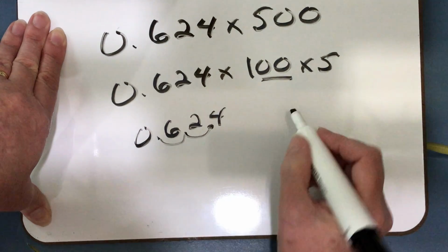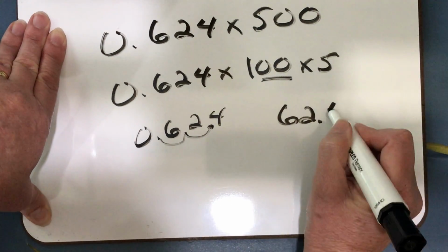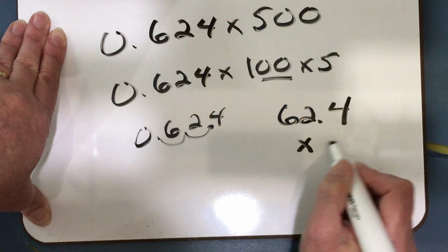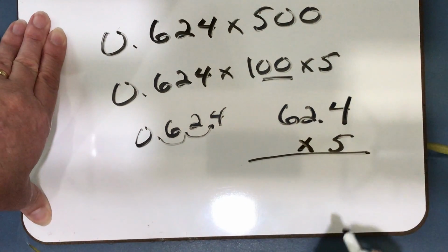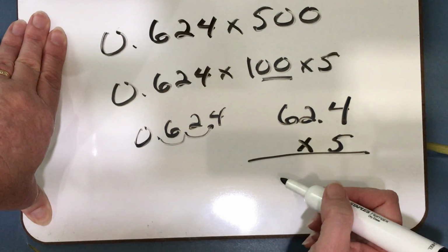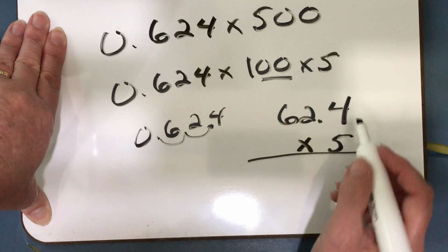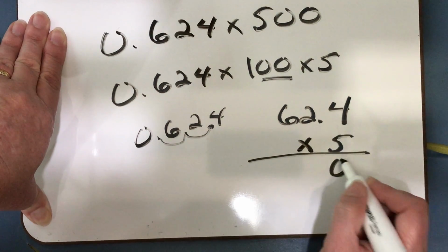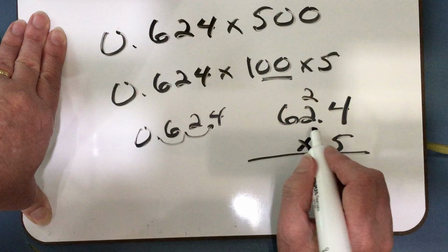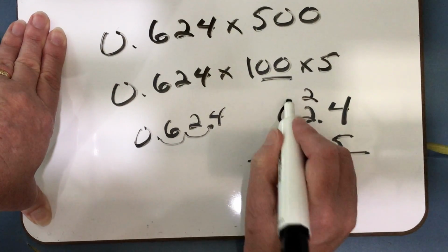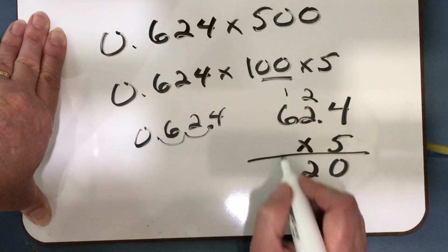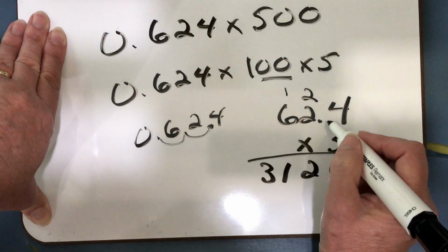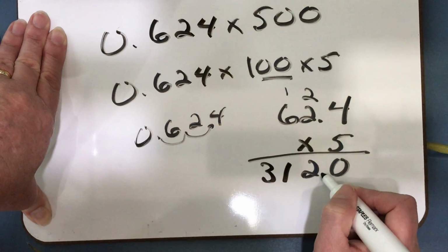So it'll be right here, 62 4/10. And then multiply that times 5. Just do this like regular multiplication, and then we'll have a decimal point with 1 digit after it. So 5 times 4 is 20, 5 times 2 is 10, plus 2 is 12, 5 times 6 is 30, plus 1 is 31. And then we have 1 decimal place, so I'll put my decimal point right there.